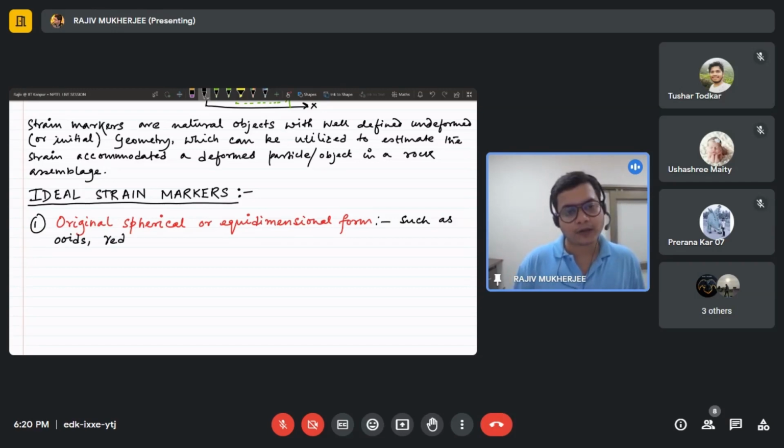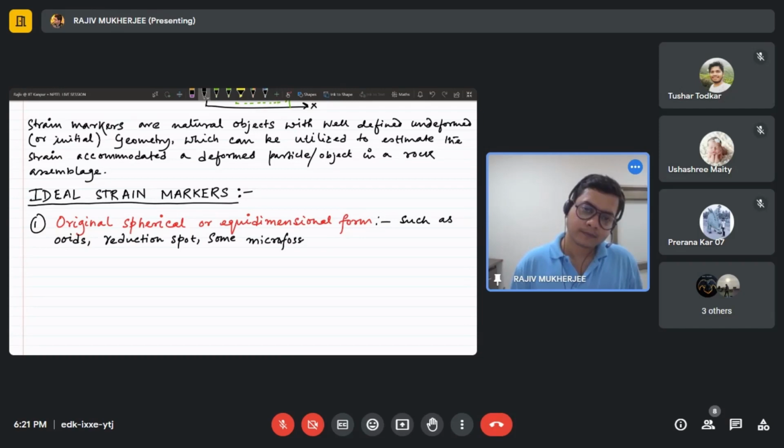Also reduction spots, some microfossils like foraminifera and radiolaria.